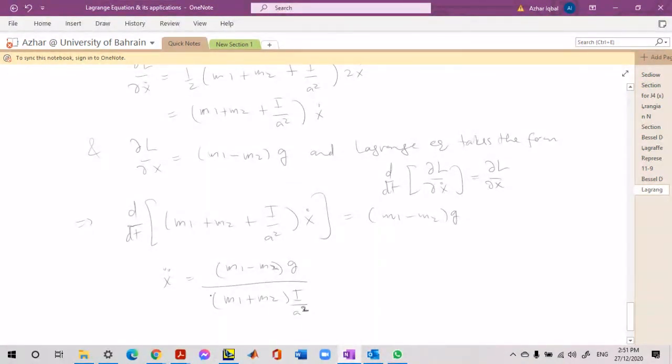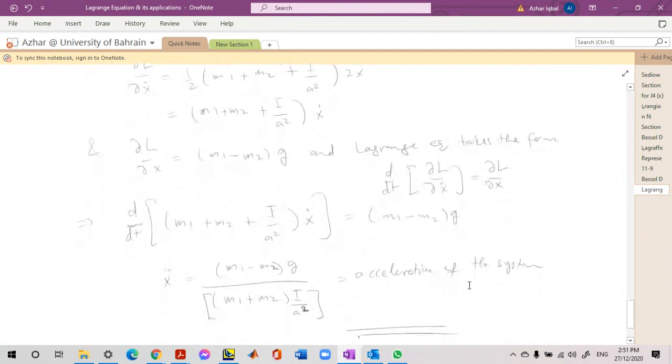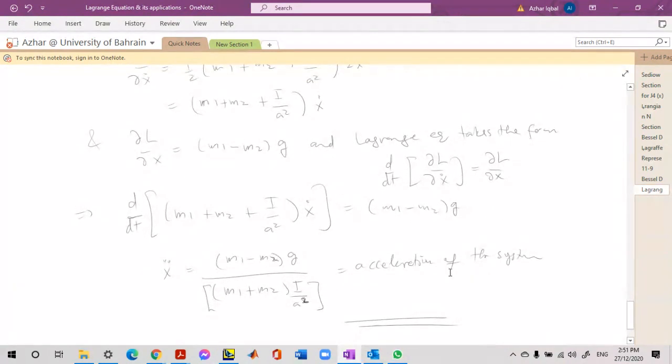This is the acceleration of the system. So you have found the acceleration of such an Atwood system, two weights suspended with a pulley by a string, by applying the Lagrange equation. If you have questions, please let me know. Thank you.